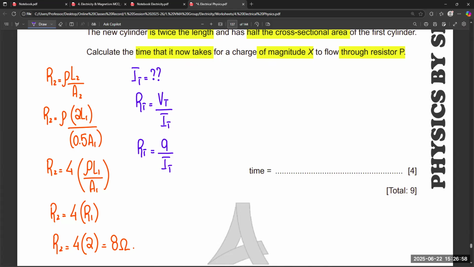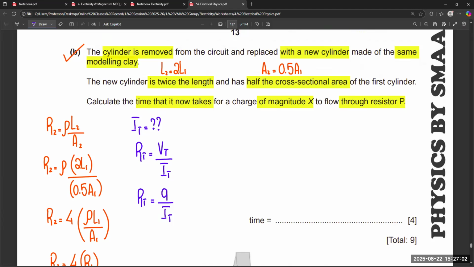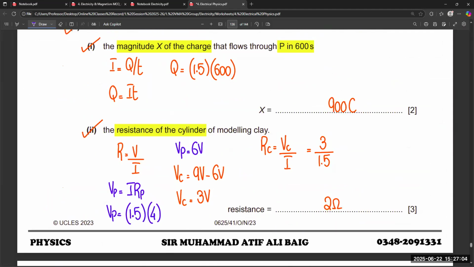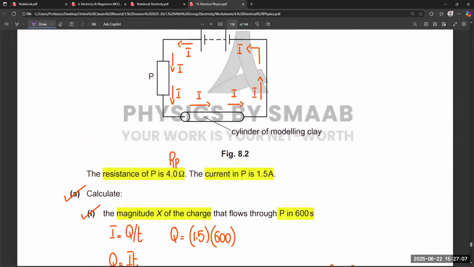And if we talk about total resistance, so total resistance means the resistance of P is 4, right? So the resistance of P is 4 and the new resistance of the cylinder is 8. So 4 plus 8 equals to 12.